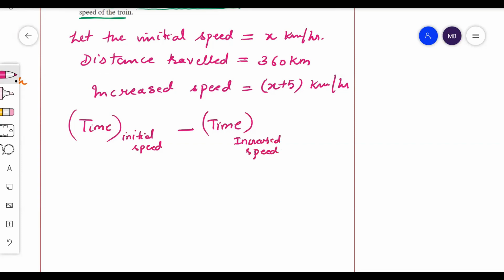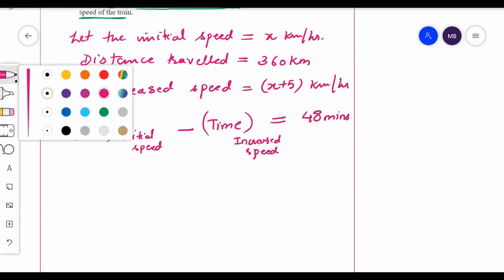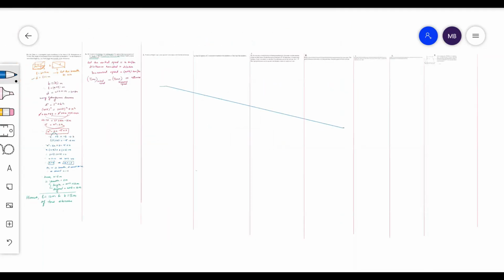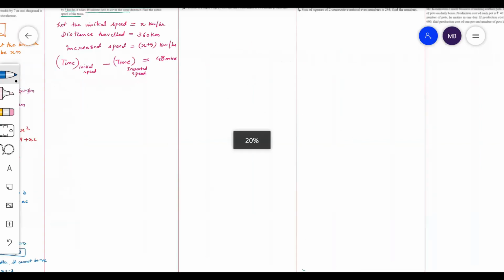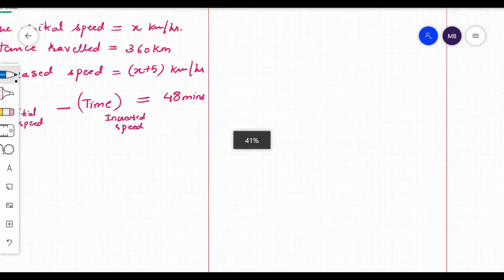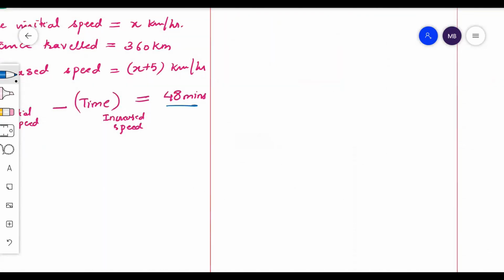What is the difference in time? It is 48 minutes. Now one thing you need to keep in mind is that this is minutes, and your speed is given in kilometer per hour. So you need to convert this minutes into hours.